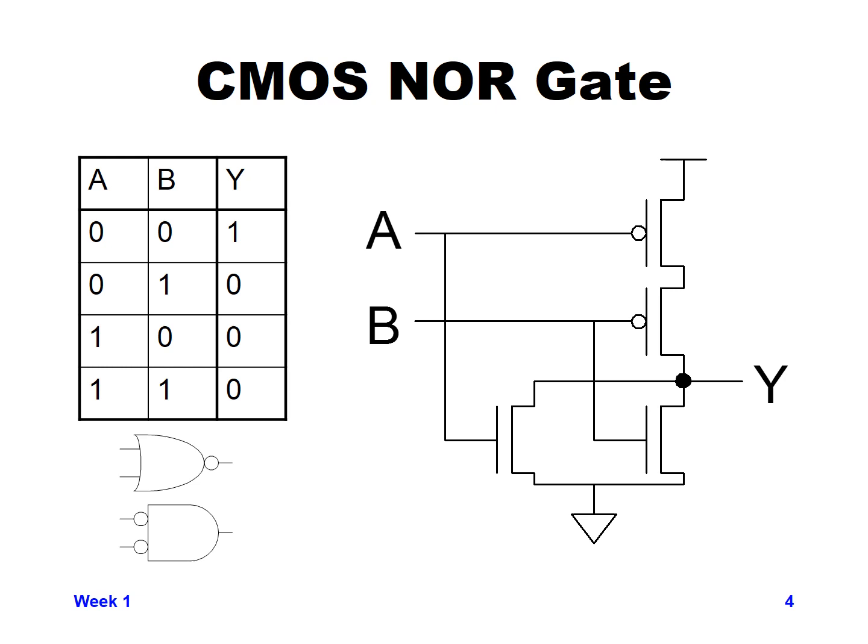So you can see for the following three cases, where either one of A or B is a 1 or both of them are a 1, we will get a 0 out because we will have a path to ground and no path to VDD. So that gives us our logical function for a NOR gate.